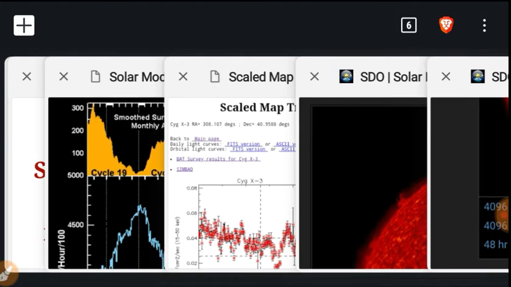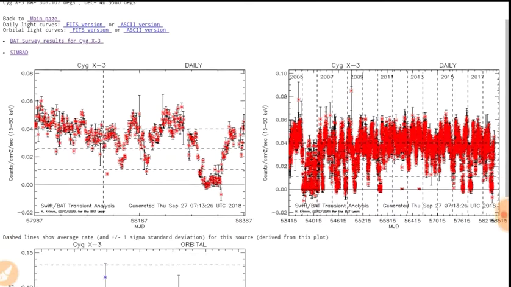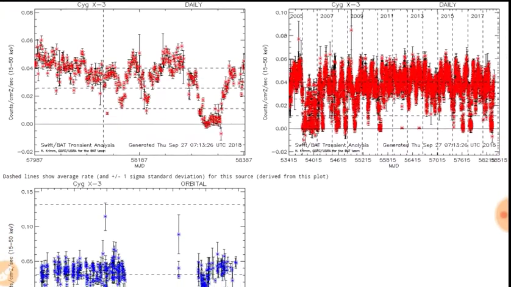And again, we're not going to get too deep into the weeds here, but our favorite cosmic ray source is Cygnus X-3. For those of you who are not aware of what this is, it's in the constellation Cygnus.